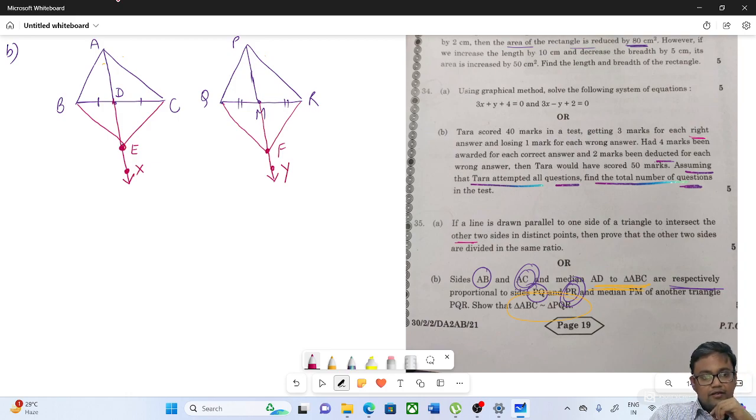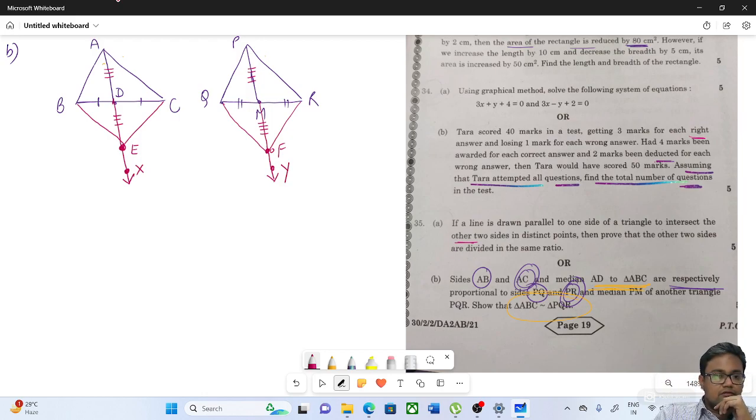How have I taken points E and F on AX and PY such that DE is equal to AD? Always remember these things. And I have taken F on PY such that PM is equal to MF.